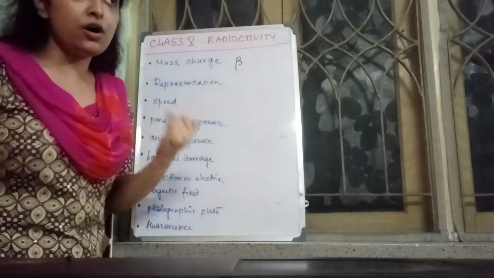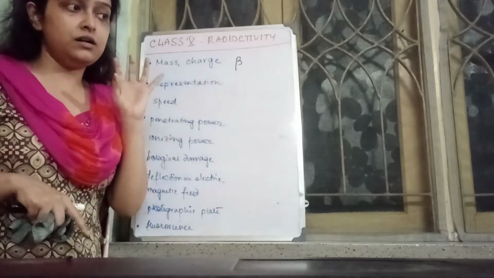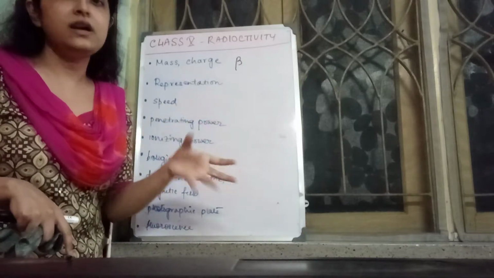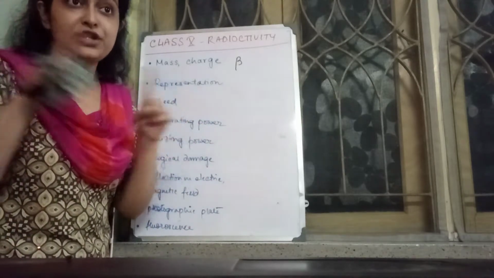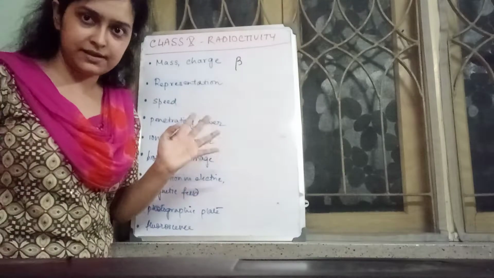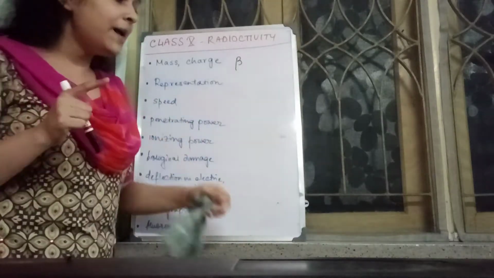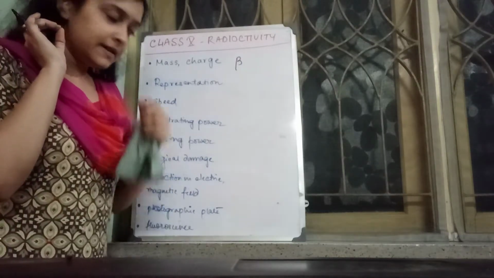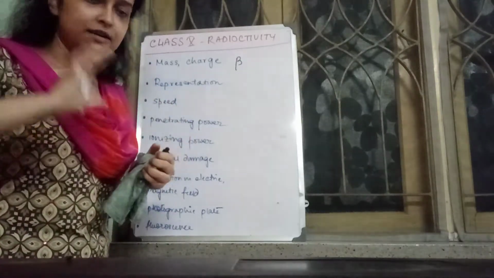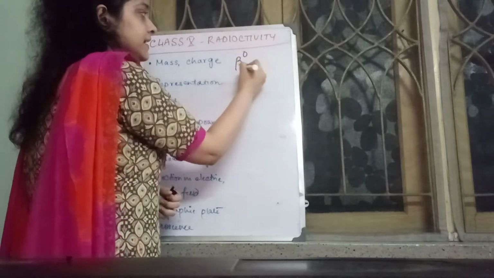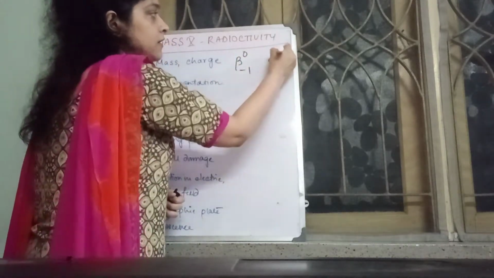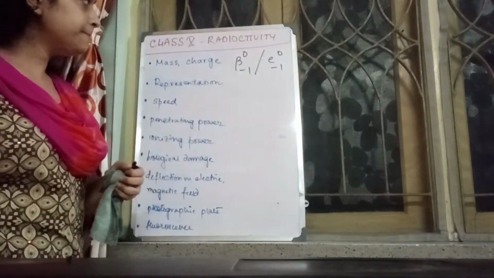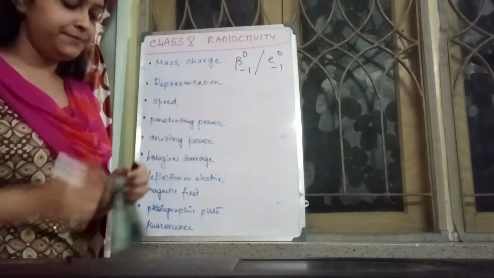Newton's laws consider that the velocity is very much less than the velocity of light, for the rate of change of momentum, p equals mv, that derivation we have done. So a beta particle has rest mass the same as an electron, and its charge is also the same as an electron. How do we represent a beta particle? Either this or this. This is how we represent a beta particle.